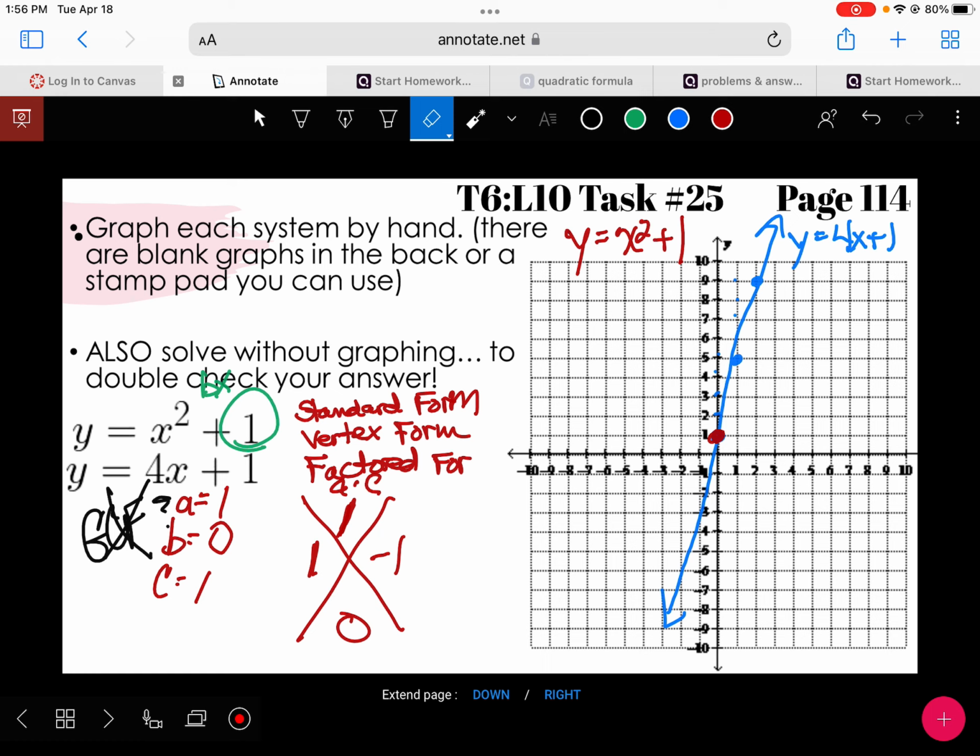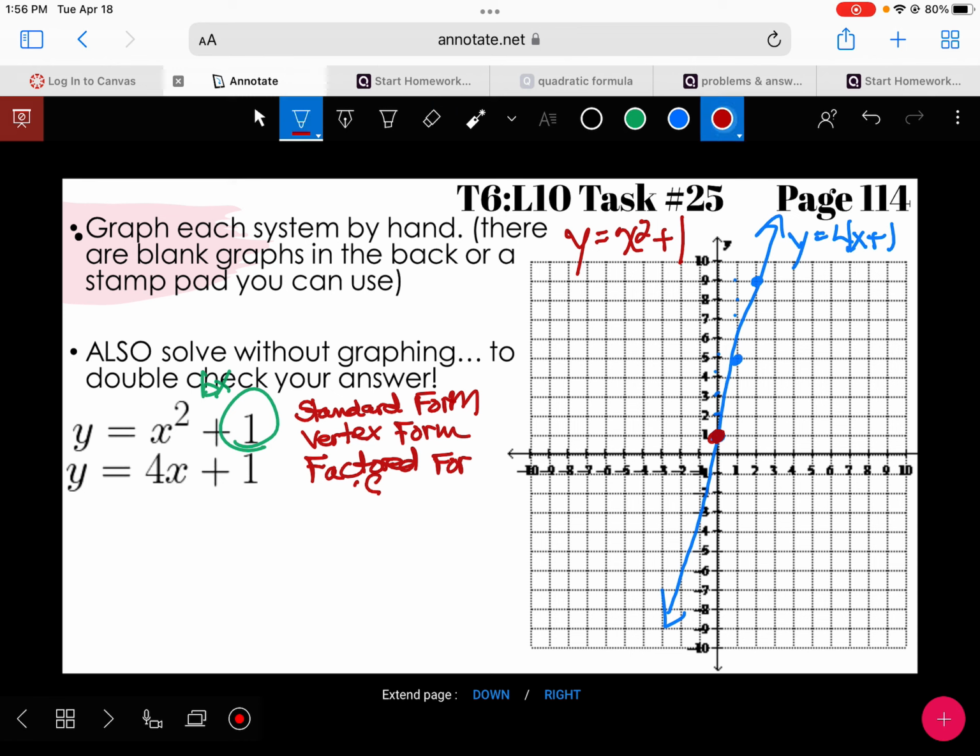Okay, well we can tell factored form is not working well for this one either. Okay. Vertex form is going to be pretty much the same. I really don't know why that's not working out. I'm going to have to ask another teacher about that. That is weird.